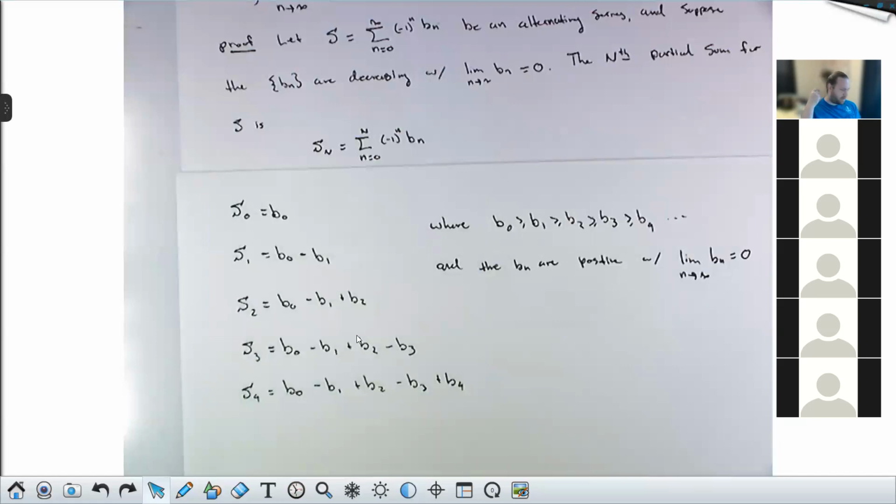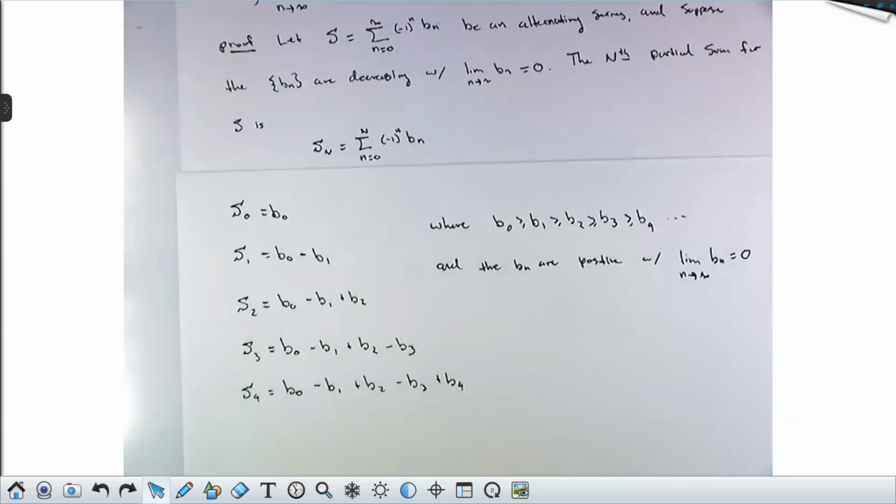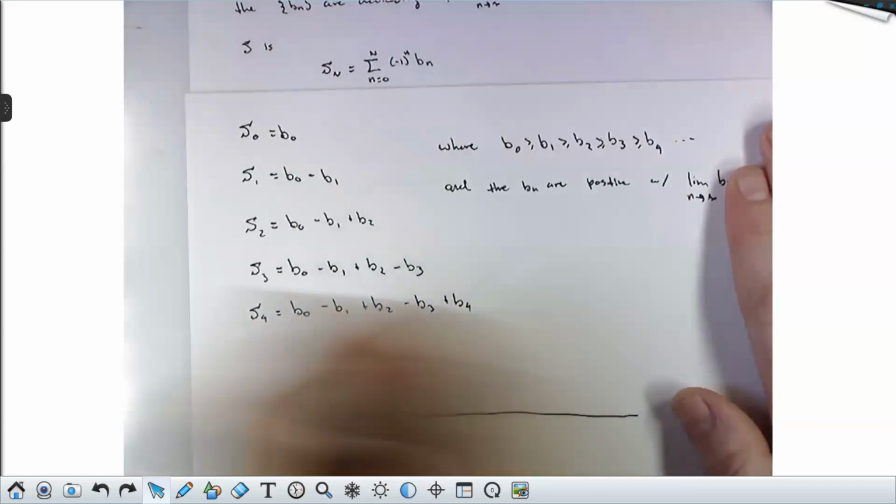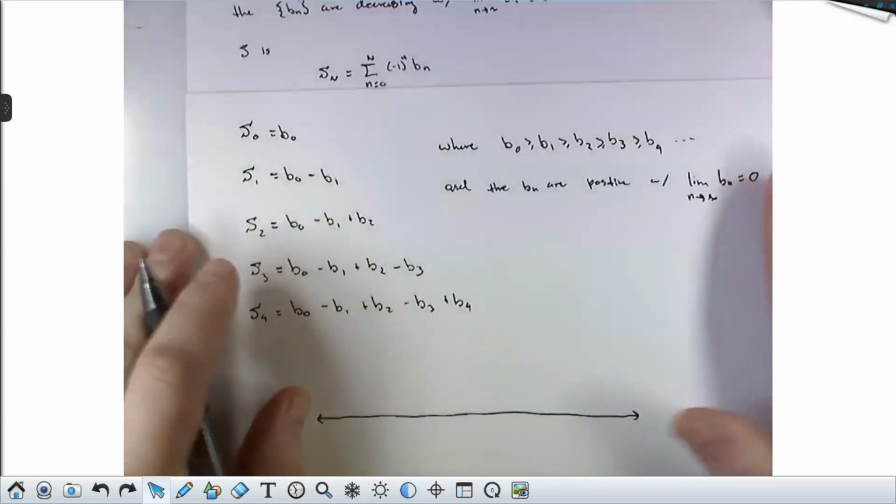So what I'm going to do is draw a number line for you, and I'm going to plot the first few partial sums on that number line. Show you what I mean here. All right.